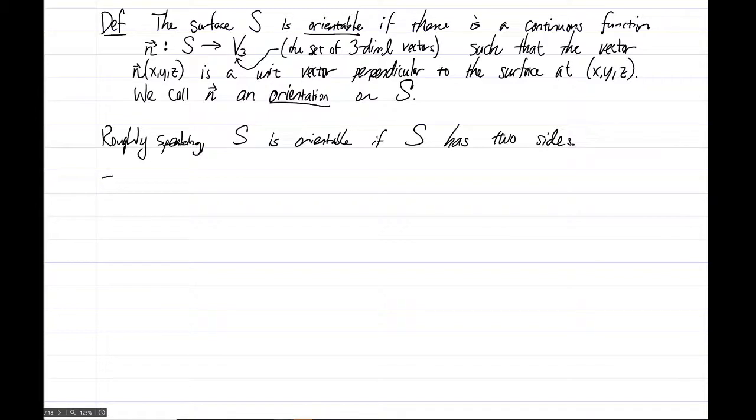So far we had the example of the strip of paper that looked something like this, and we'll draw the back edge of it like that. This was an example of orientable. We had a non-example of orientability, and this was a Mobius strip.